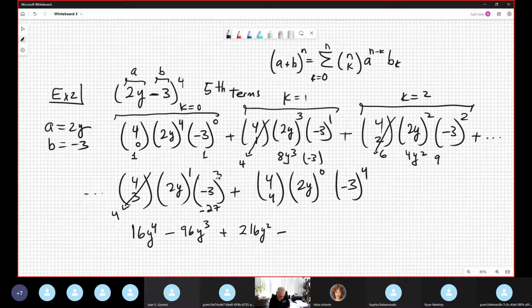It's a coincidence because of the symmetry. Plus 81, because this is 1. This is also 1 because the 0 power is 1 always. And this is an even exponent, so the answer is positive. This is 3 times 3 times 3 times 3, 4 times, so 81. That is the answer.